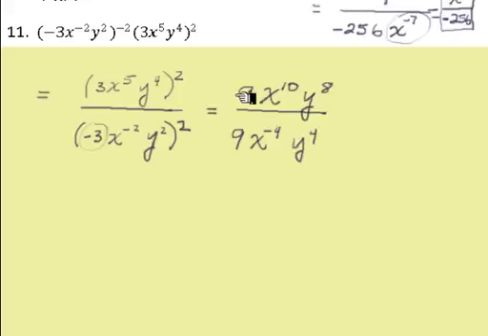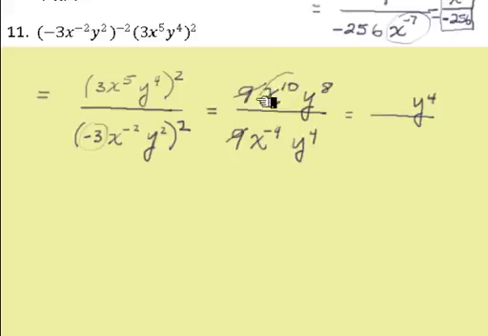And now let's do a little simplifying. Okay, we can reduce that, cross off the 9s. Y to the 8th over y to the 4th, we'll subtract 8 minus 4, we get y to the 4th. Okay, so we did that.